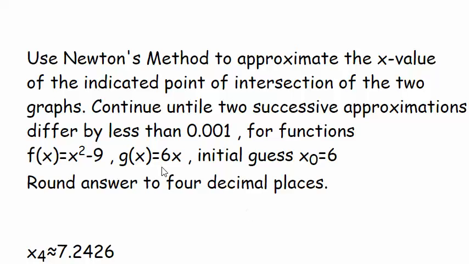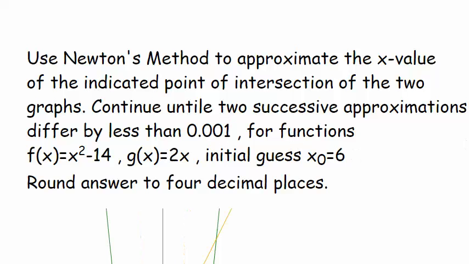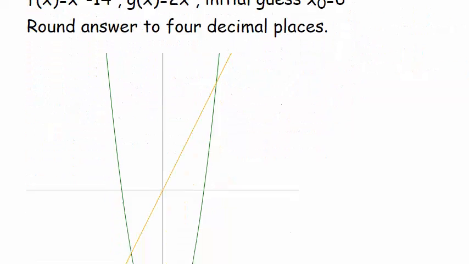That's it. But what's really cool about this is, now I'm going to click this problem here to get a new graph to pop up. Let's click it again, get a better graph. What's really cool is we can approximate where these two graphs actually intersect using Newton's method.